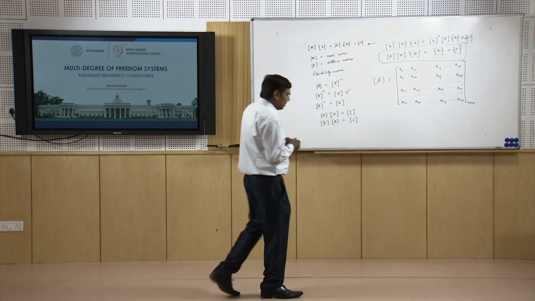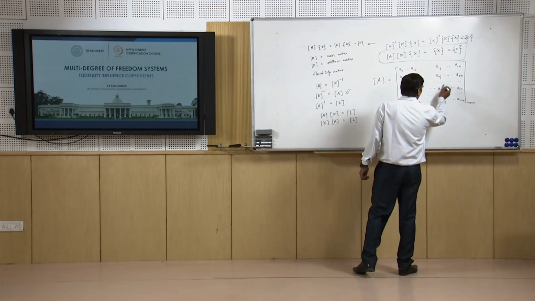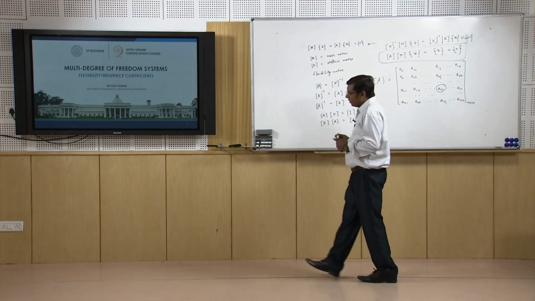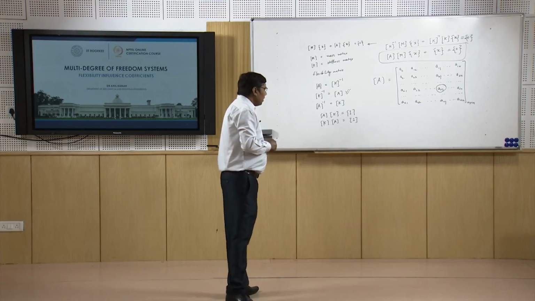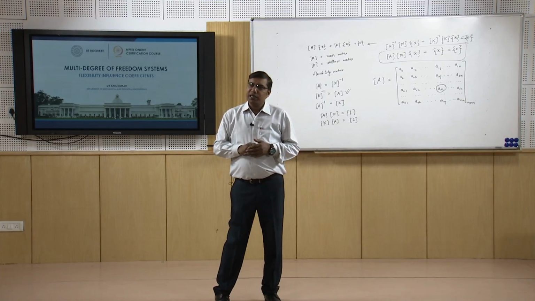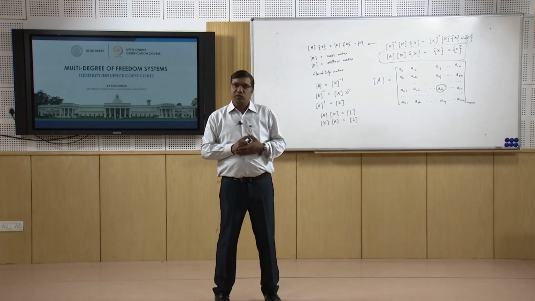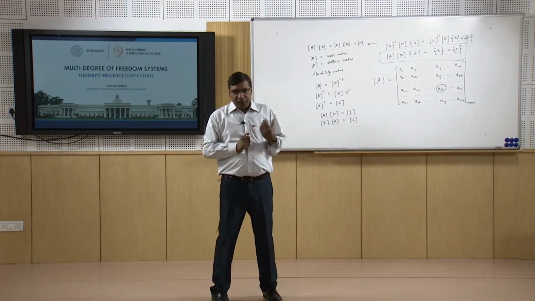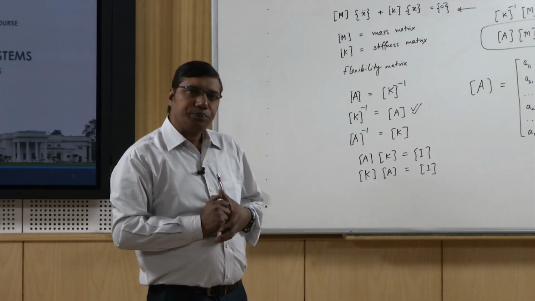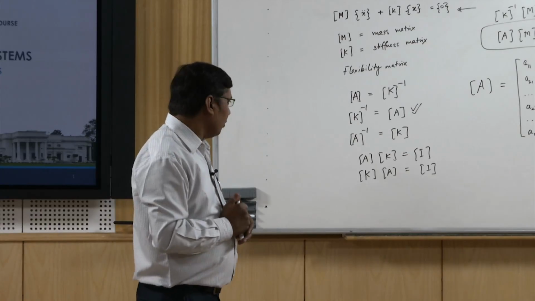So if we take one element A ij, how will we define this A ij and how will we obtain A ij? Because if we know all these elements, we can prepare a flexibility matrix for that problem.